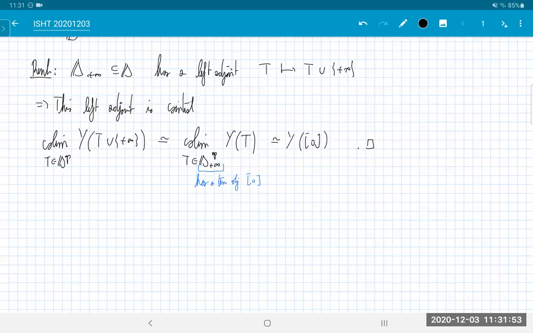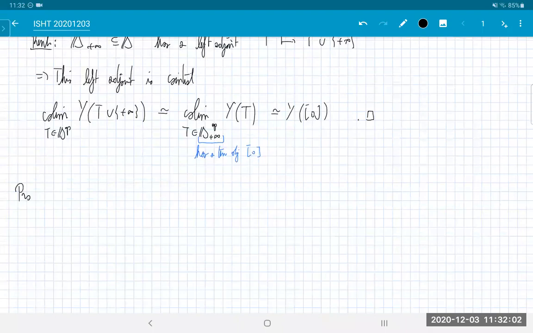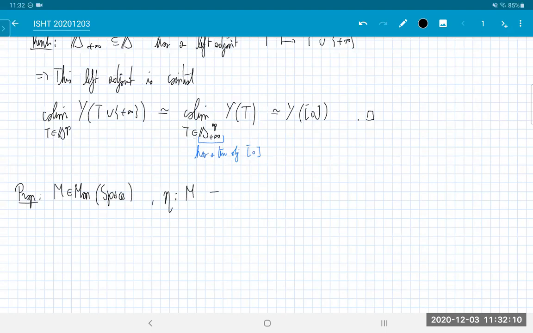Okay, so we have 15 minutes. I think that's enough to do the main step of the theorem. There's part one of the theorem that says that if M is a monoid in spaces, then eta from M to omega BM is an equivalence if and only if M is an E1 group.